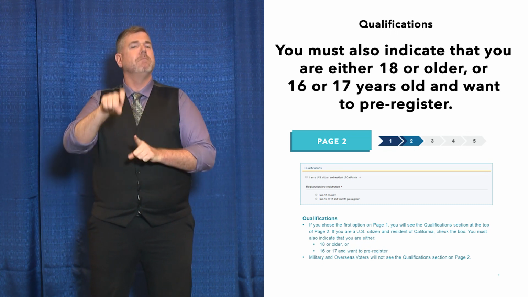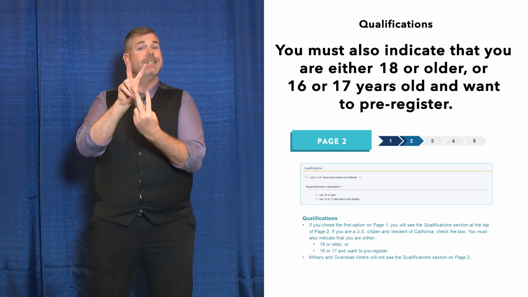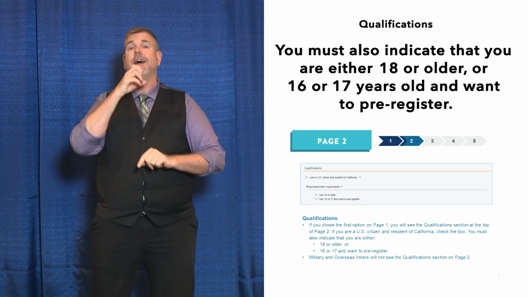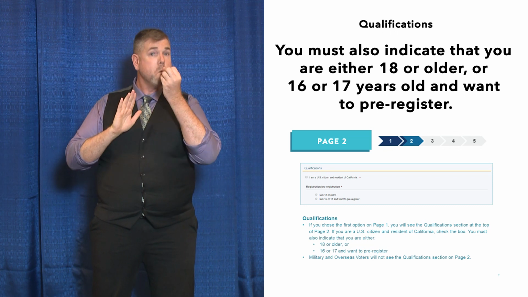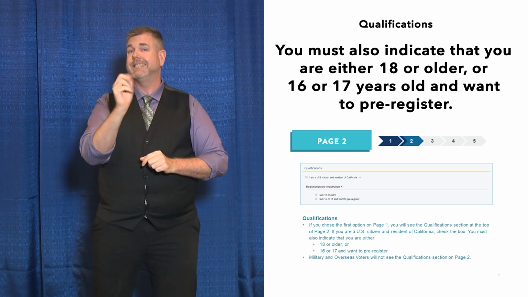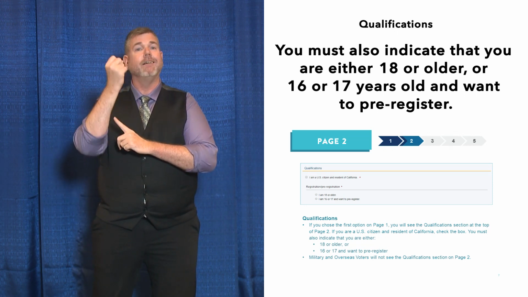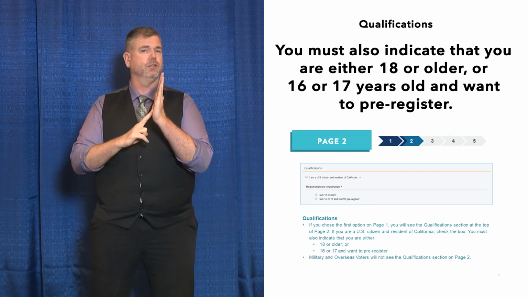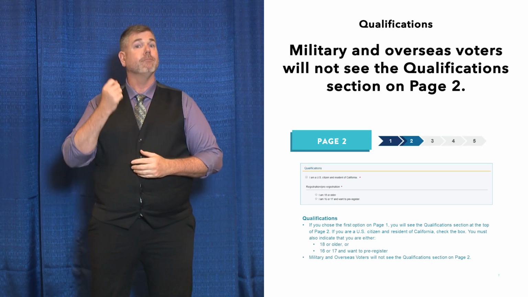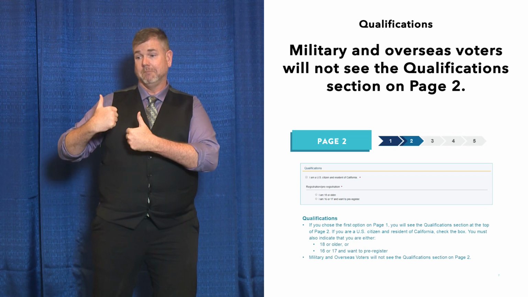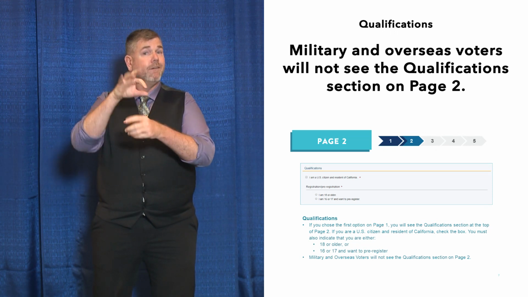You must also indicate that you are either 18 or older, or 16 or 17 years old and want to pre-register. Military and overseas voters will not see the Qualifications section on page 2.